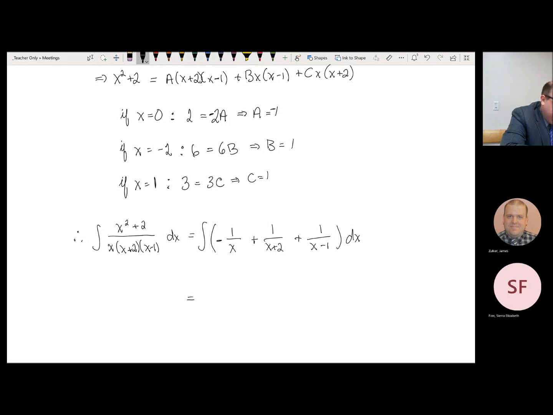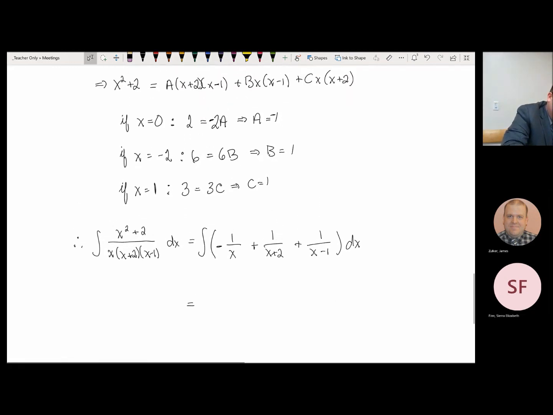Right. Antiderivative of 1 over x, log absolute x. Right. Antiderivative of 1 over x plus 2, log absolute of x plus 2.